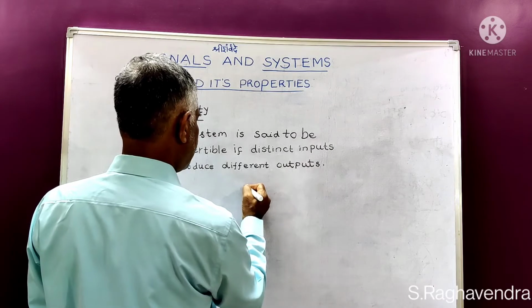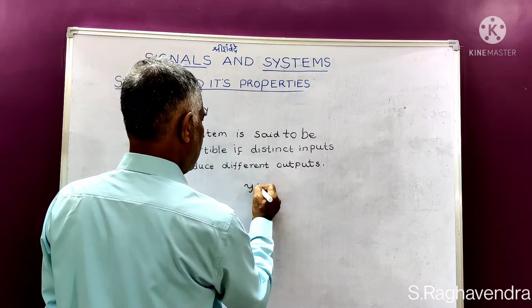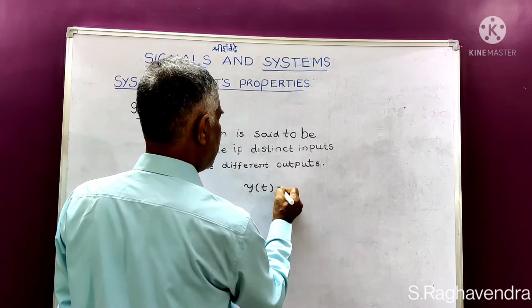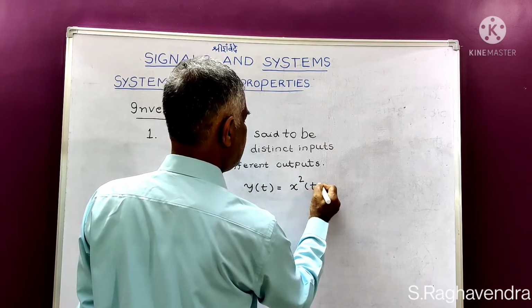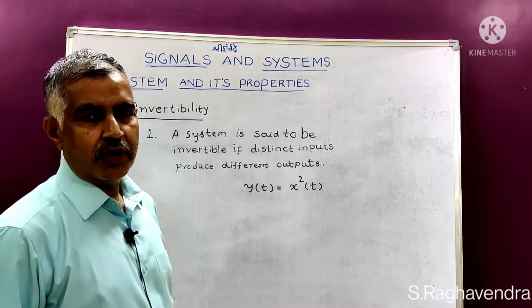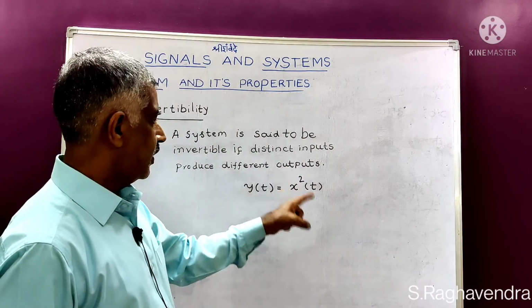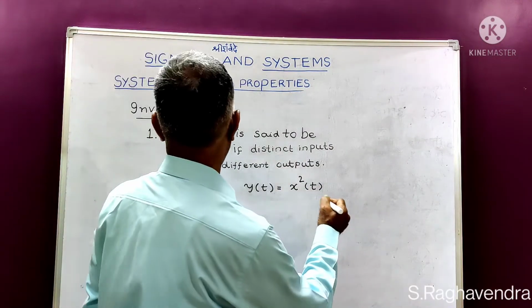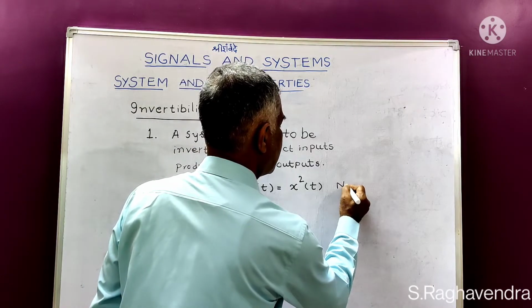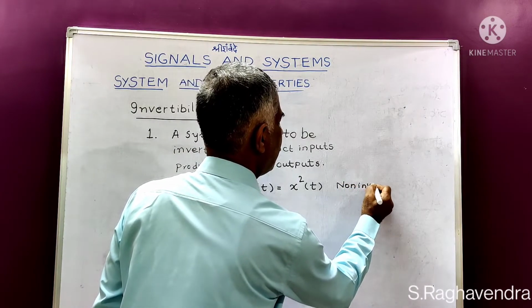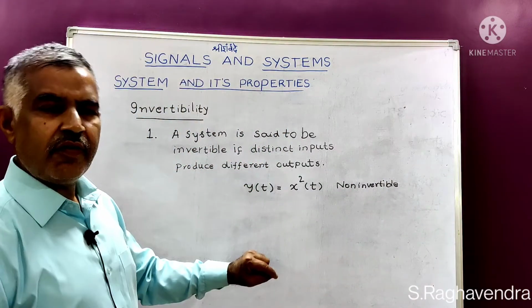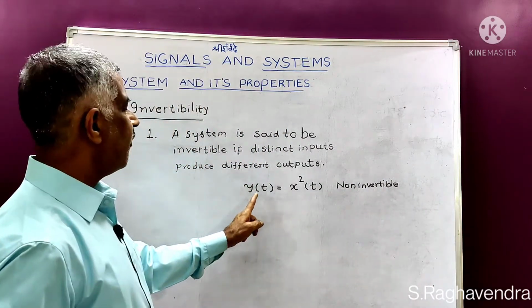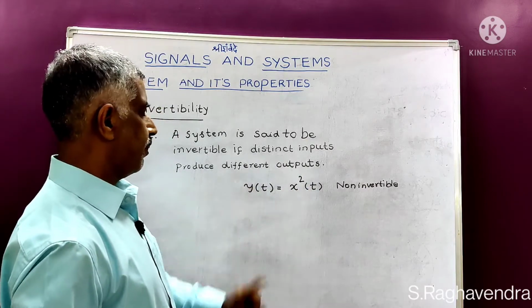Here y of t is equal to x square t. This is an example for a non-invertible system. Afterwards I will take up an invertible example also.